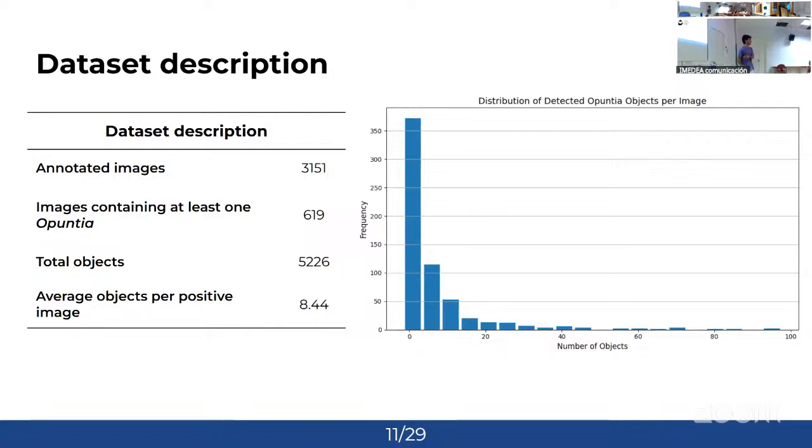That is another challenge, because it's a really limited dataset for a deep learning approach. But we have a lot of instances in these 600 images, around 5,000 total individuals. The histogram shows that the major part of these images contain few Opuntias, with some images containing a lot of instances.